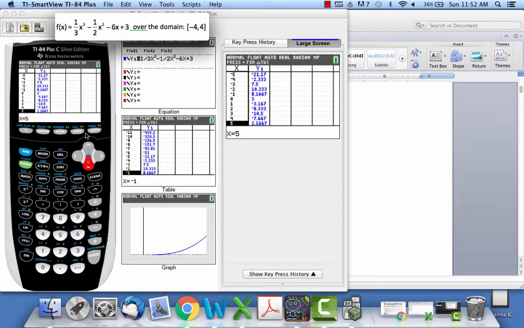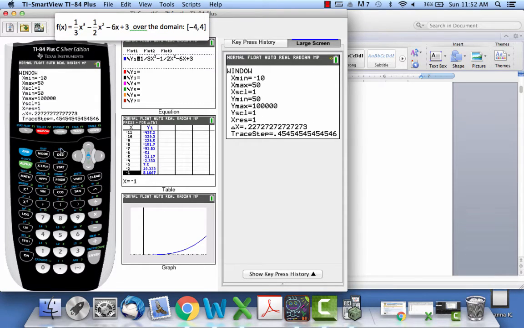We could go to window and make the x minimum -4 and the x maximum 4. The y minimum, we would have had to guess, but say make it -25 and make the max 25.